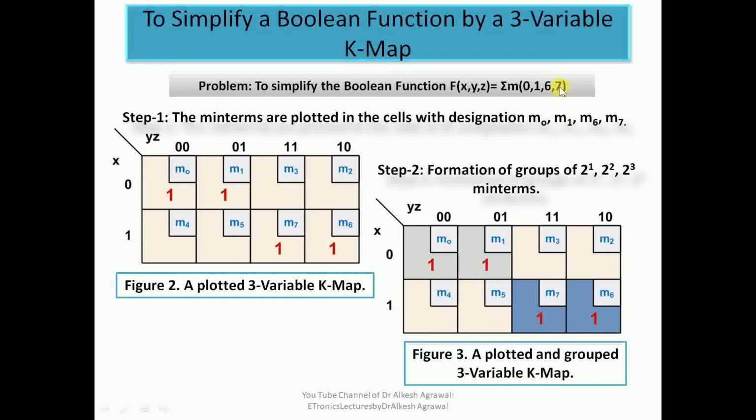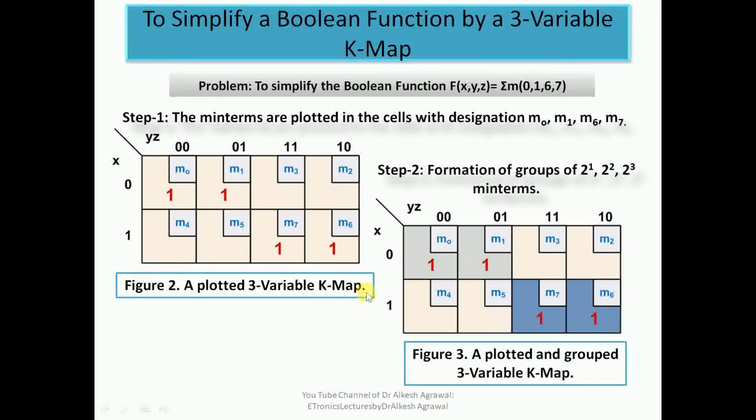Then we plot 1 for min term m7 here because this cell depicts m7. So we have plotted min terms m0, m1, m6, m7 as 1. Why 1? Because they are given in terms of min terms. If this Boolean function was in max terms, we would have placed 0 in all these places.